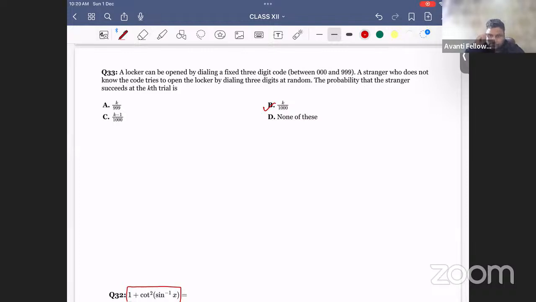See, probability of the event is what? In the first trial, he makes a wrong attempt. Probability will be 1000 minus 1 upon 1000. I can write it 999 upon 1000, but there is a particular purpose behind it. Got it? Now, probability that he gets success in the second trial.